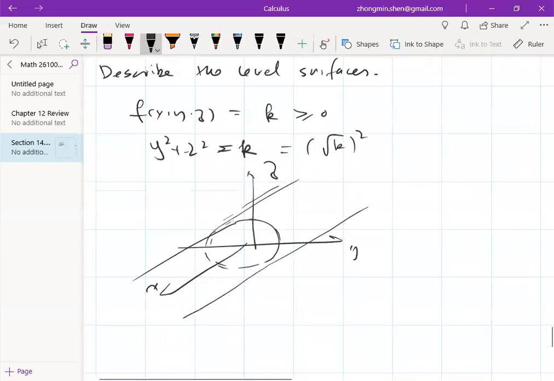When k increases, you just get a larger cylinder. So the next one will be much larger. I have to use different colors then. That's the problem.